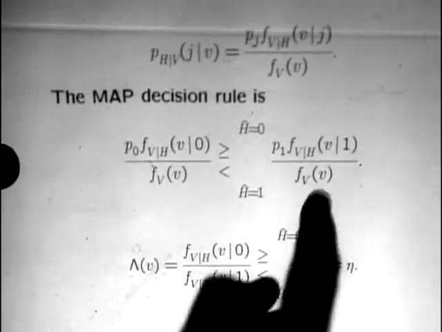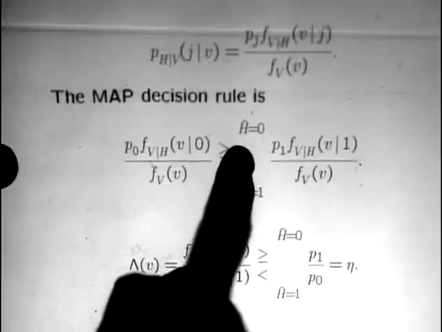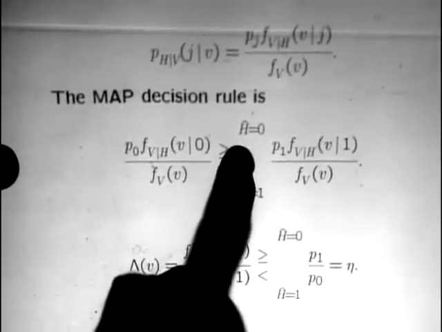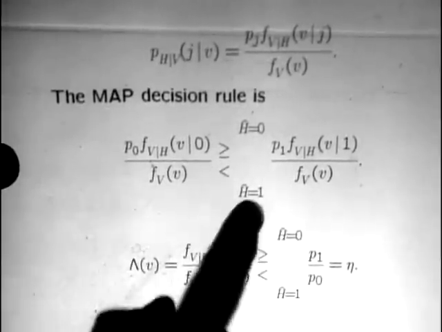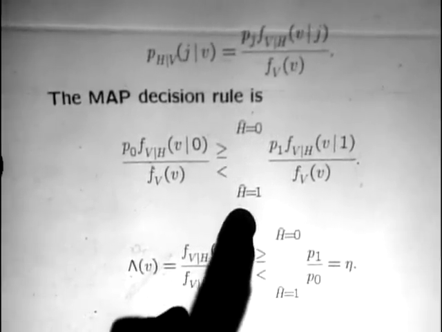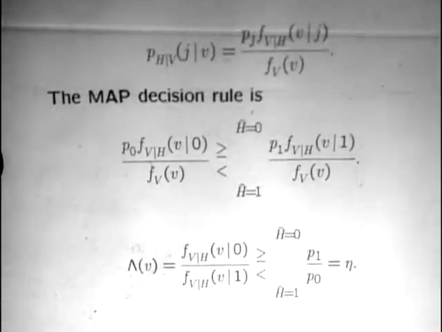If this one is larger than this one, we pick our choice equal to 0. And if it's smaller, we pick our choice equal to 1. So this is what MAP detection is.